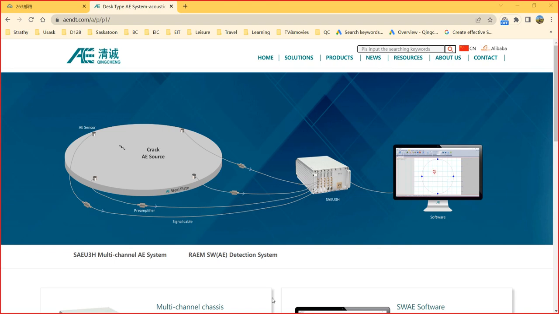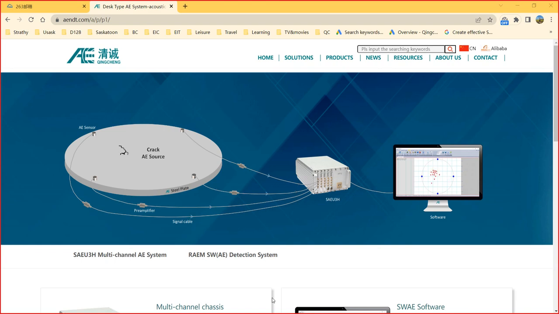The one I recommended is 4-channel because each AE board has 4-channel built in, so we cannot separate them. So you have to buy multiples of 4 channels.